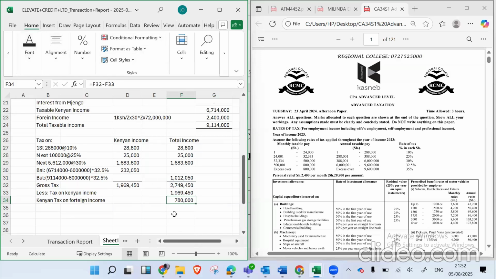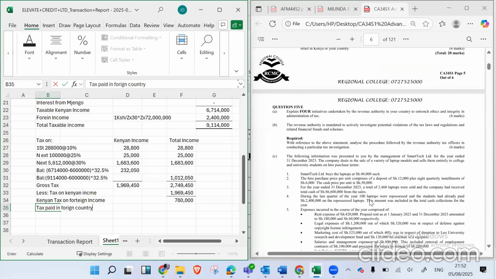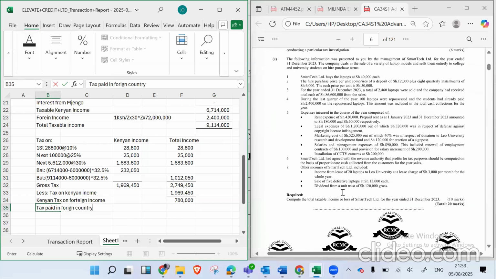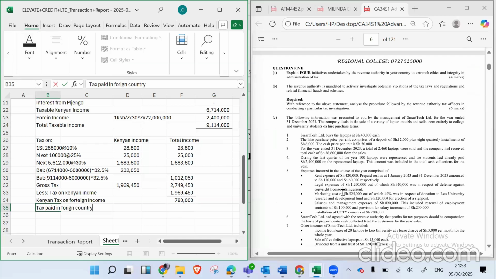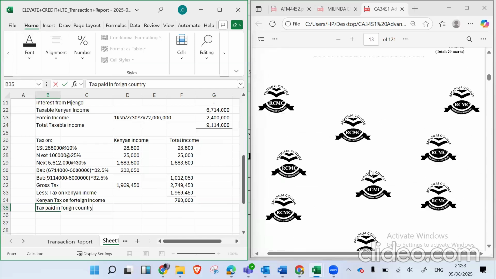Then now having done that, we come and ask ourselves, what was the tax paid in foreign country? So the tax paid in foreign country was going back there. It was 2023.